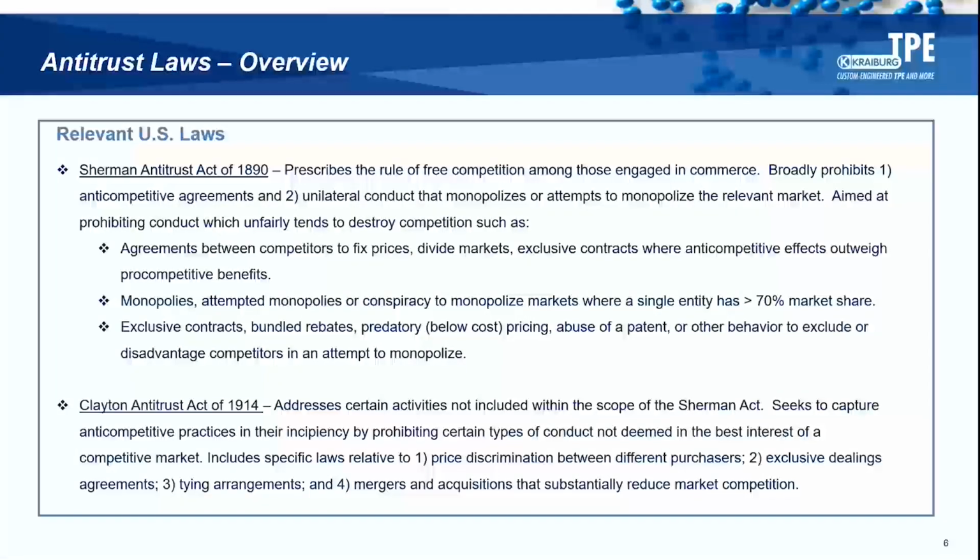This could include specific laws relative to price discrimination between different purchasers, exclusive dealing agreements, tying agreements where you have one set of circumstances that relies on another, and lastly, mergers and acquisitions that could potentially reduce market competition.